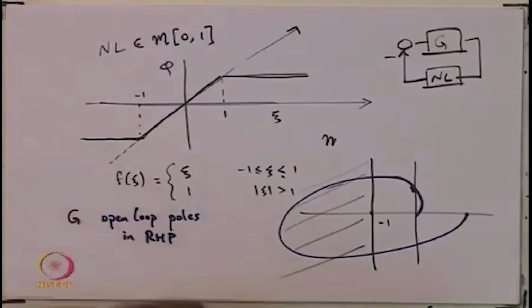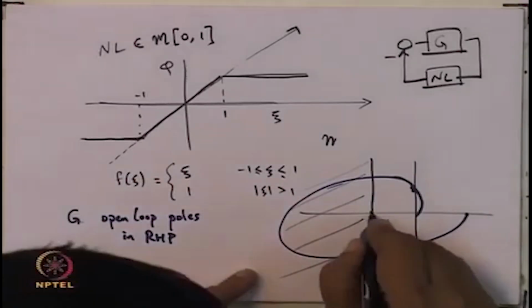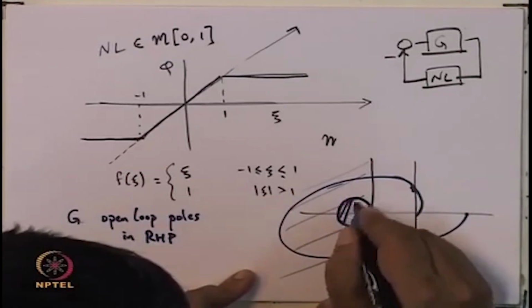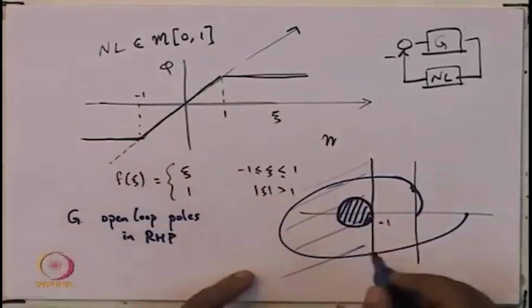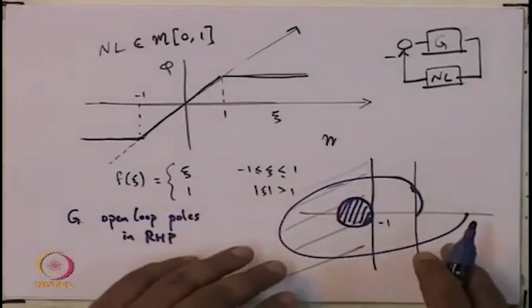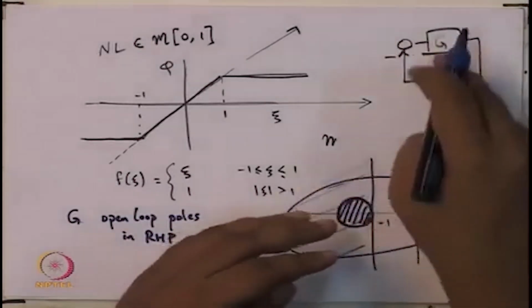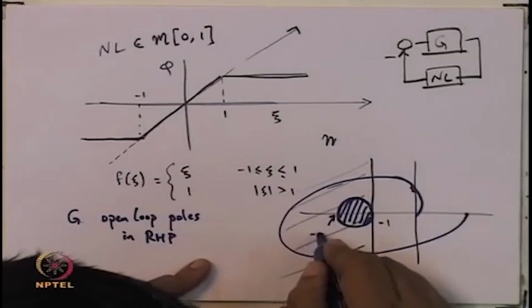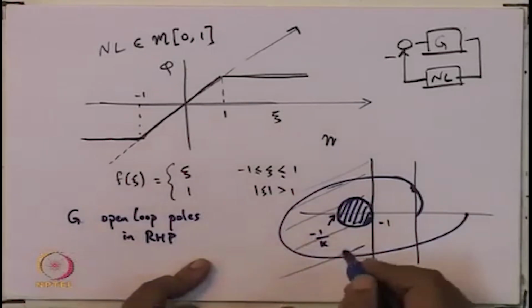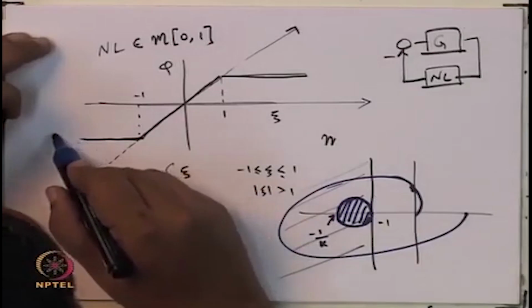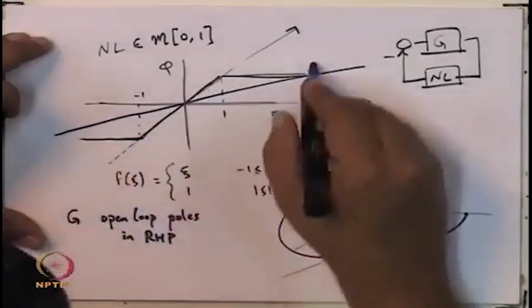Now, by circle criterion, it might be that there is this circle here with the inside being forbidden, and this Nyquist plot is such that for this circle the resulting closed loop stability can be predicted. But now, if this is the case, so here this might be some minus 1 by k, and this minus 1 by k might correspond to a slope like k here.